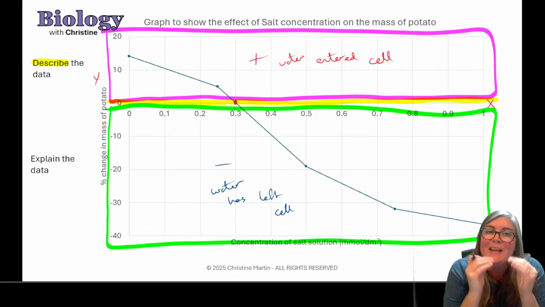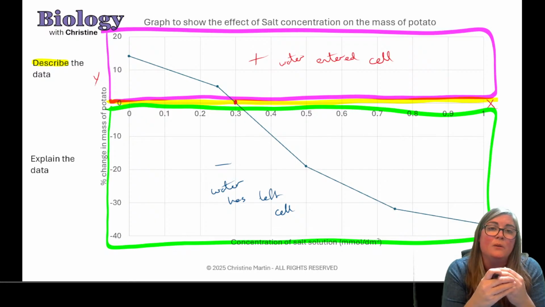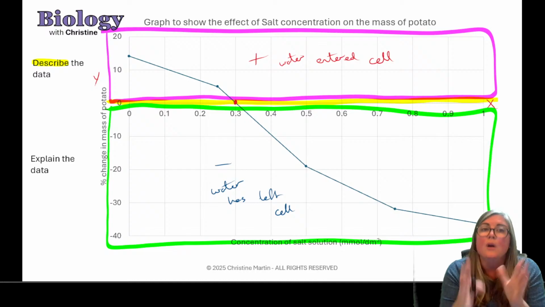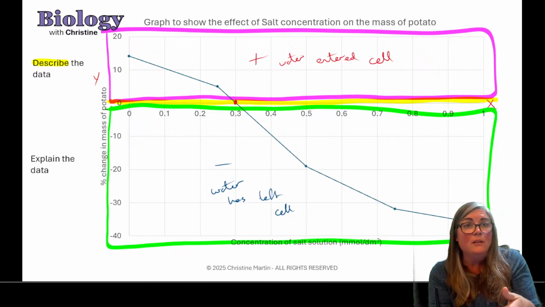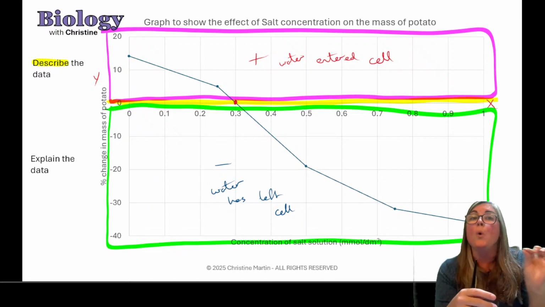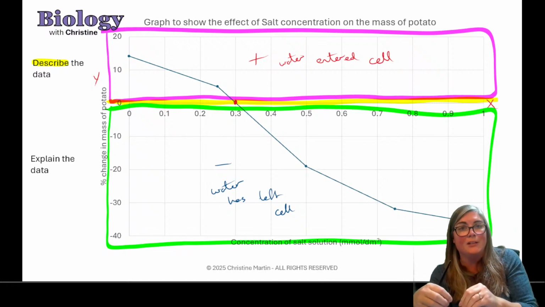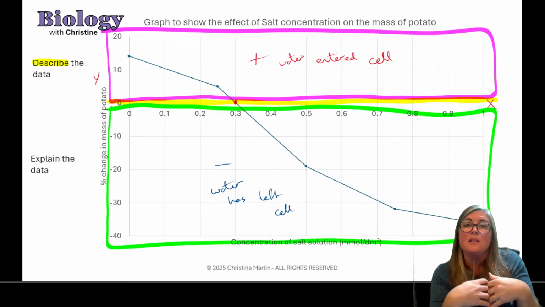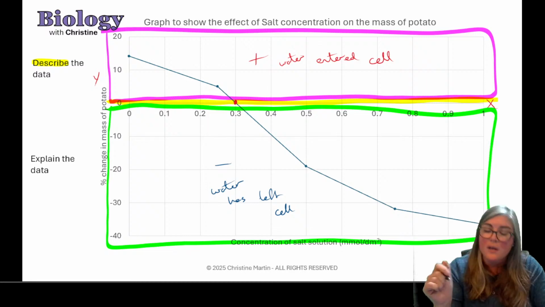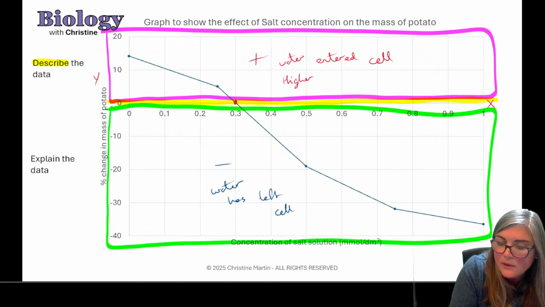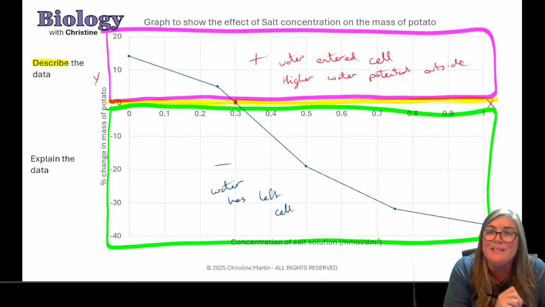Unfortunately, that's not the case. And again, this is where a lot of students miss out those extra marks because they don't go into enough detail. So, water entered the cell from 0 to 0.3. Why? Because there was a higher water potential outside the cell compared to inside.